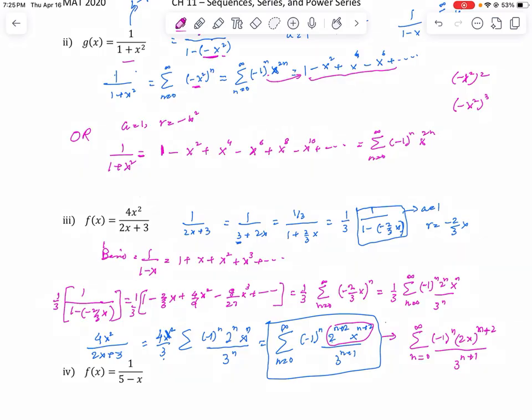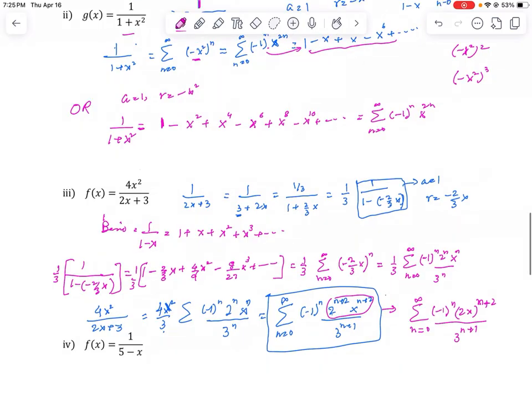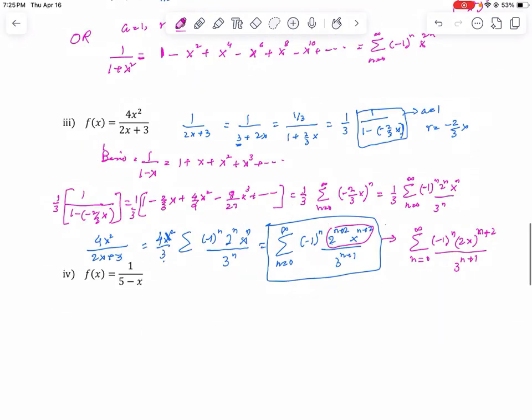Okay, last one. f of x is equal to 1 over 5 minus x. So I have to convert it into that typical form. So I will write it as, then we can divide by 5, top and bottom like we did with that 3.